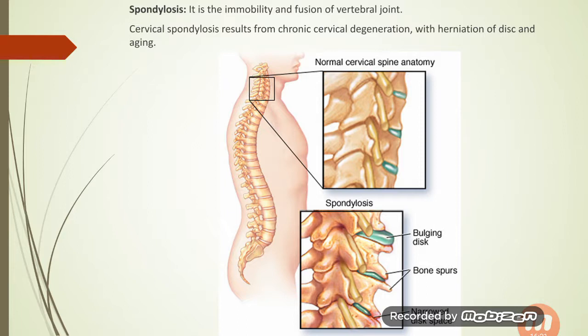You can see in the diagram the disc may bulge out, or the bone spurs and the disc is pressed in between, and in the third case the disc has become narrowed. All these three conditions would collectively result in spondylosis, which is the common cervical deformity or disorder.